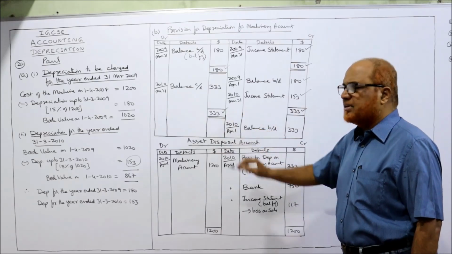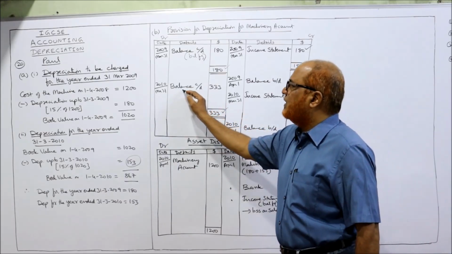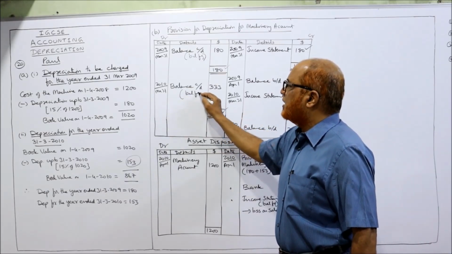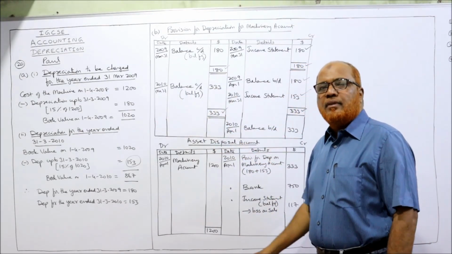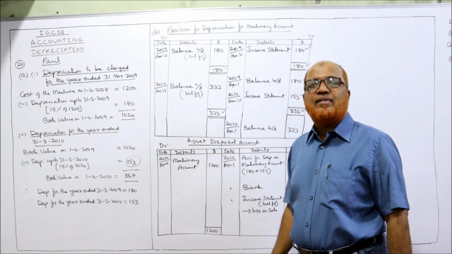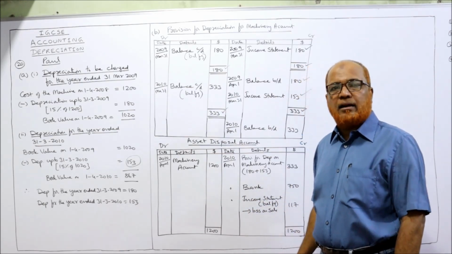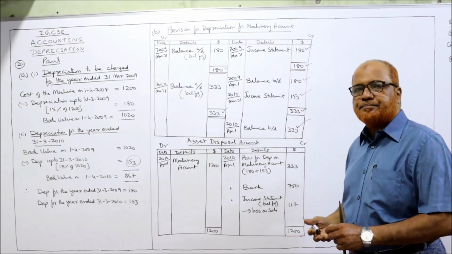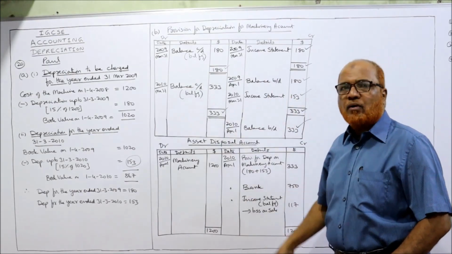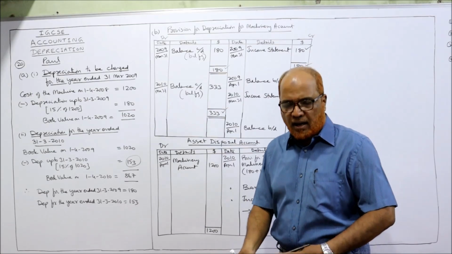Same 333 on the debit side. Now the balancing figure on 31st March 2010 is 333, carried over to the next year, 1st April 2010. On 1st April 2010, balance brought down 333. So we have completed the provision for depreciation account.